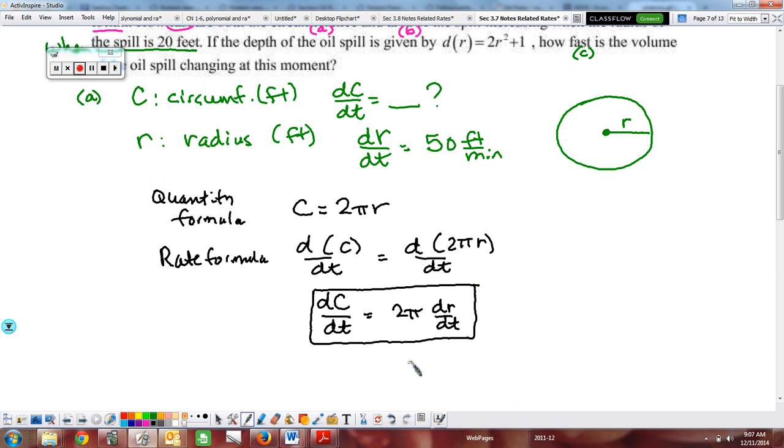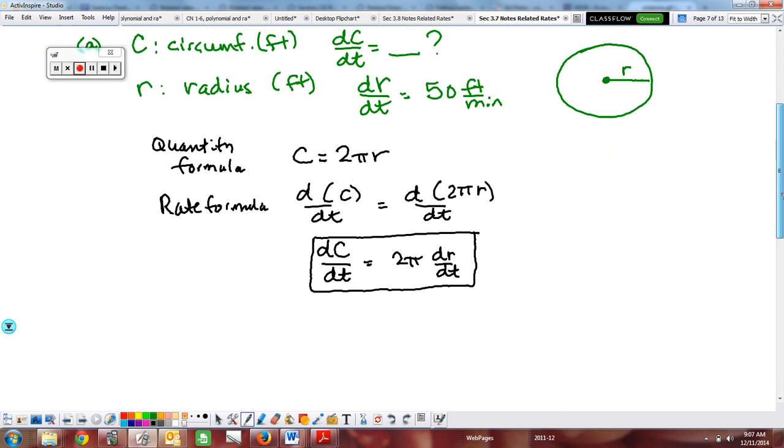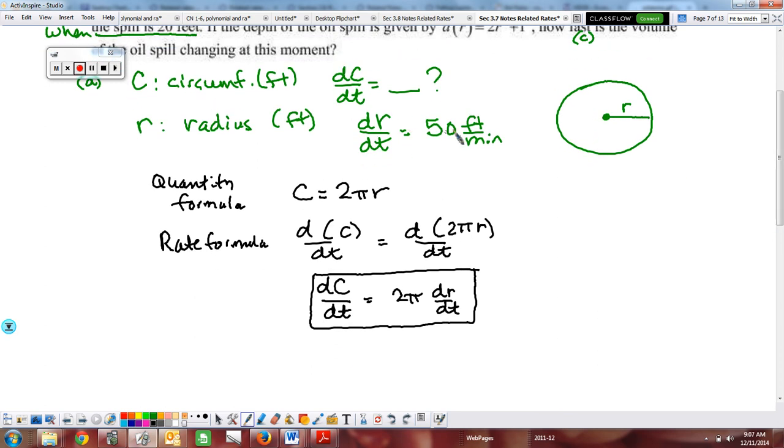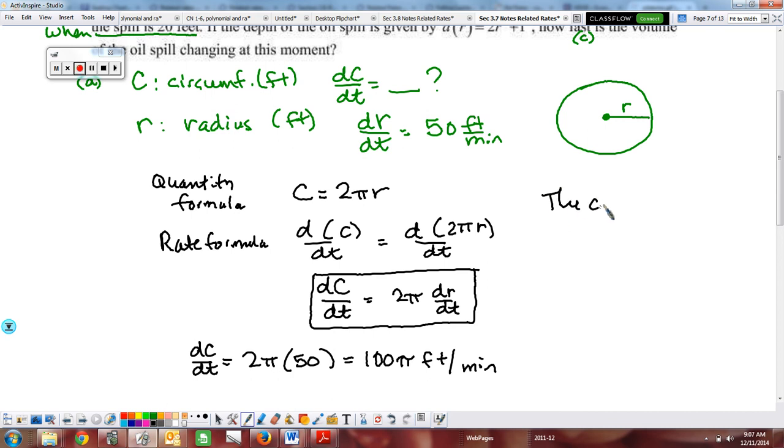All right, so now we're ready to basically plug and chug. And we see that we don't really need a lot to plug in here. My dr/dt is 50, so I pretty much go dC/dt equals 2 pi times dr/dt, 50, or 100 pi feet per minute. Okay, so I get my units in. We answer the question. The circumference, and we need the when.